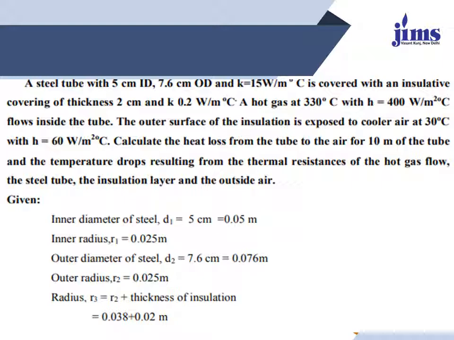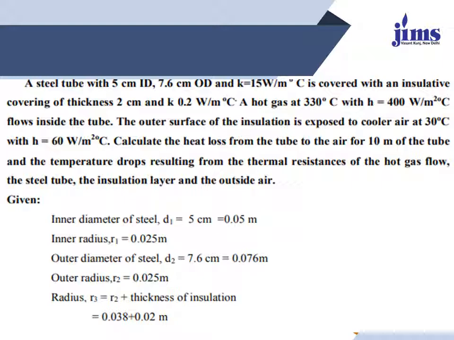The outer surface of the insulation is exposed to cooler air at 30 degree centigrade, with H is equal to 60 watt per meter square degree centigrade. Calculate the heat loss from the tube to the air of 10 meter of the tube, and the temperature drop resulting from the thermal resistance of the hot gas flow, the steel tube, the insulation layer and the outside layer.